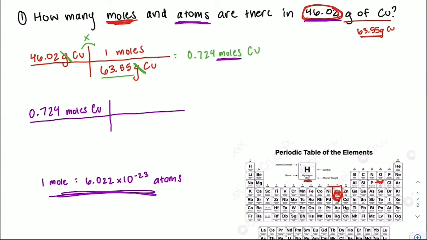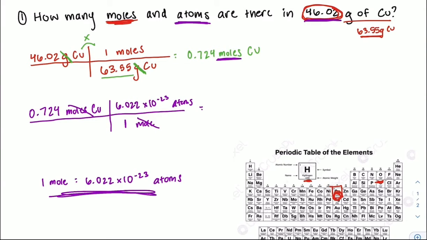Now you just put it in the stoichiometry setup. Since you want to cancel out moles, you know that there has to be moles down here, and it would be 1 mole, since we're trying to find atoms, and 6.022 times 10 to the 23rd atoms.